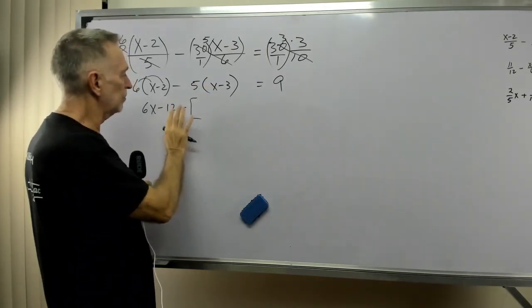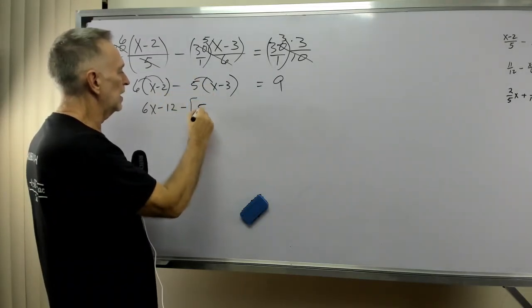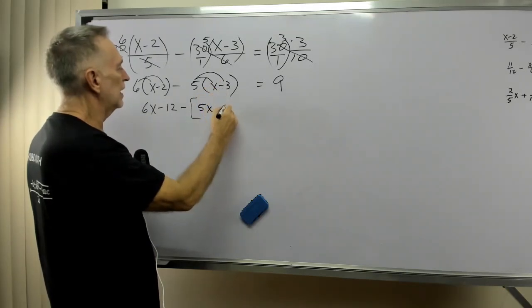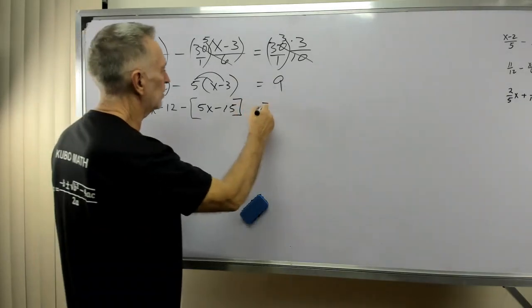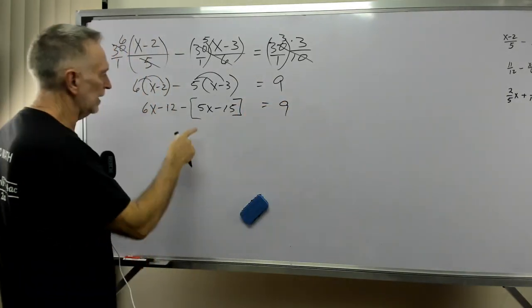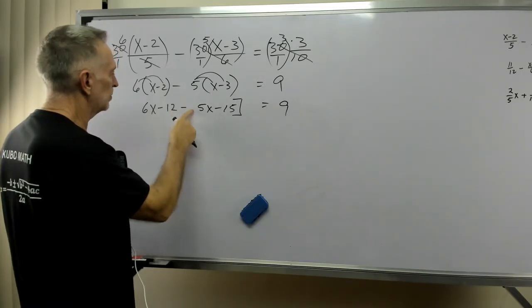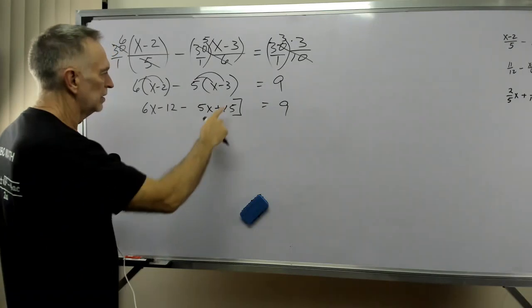So for now, I'm going to set it outside. 5 times x is 5x. 5 times negative 3, negative 15. Okay? And that equals 9. Now then, I'm going to pull that in. So negative times a positive is a negative. Negative times negative is a positive.